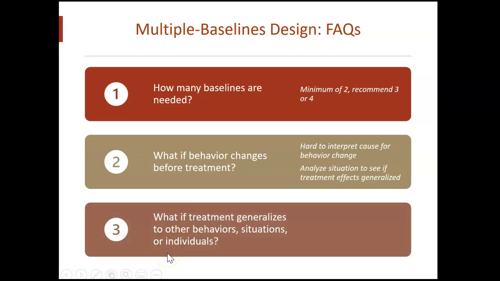What if the treatment generalizes to other behaviors? So let's say that the child that we were working with in the example has an aha moment and says, you know, all these things I've been getting in trouble for in class, I've noticed that when I sit still and stay at my desk, I get rewards.